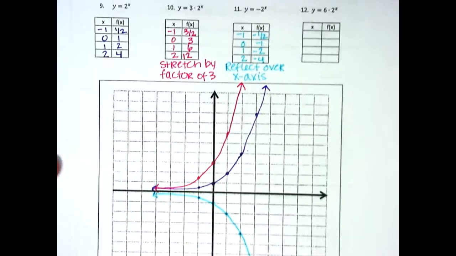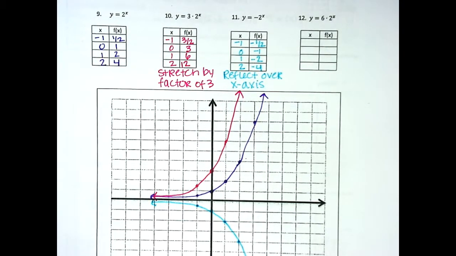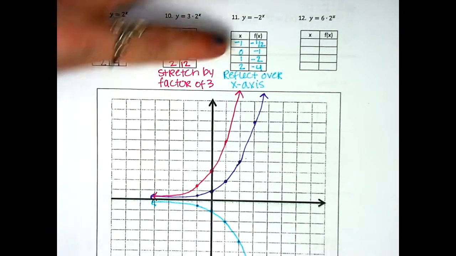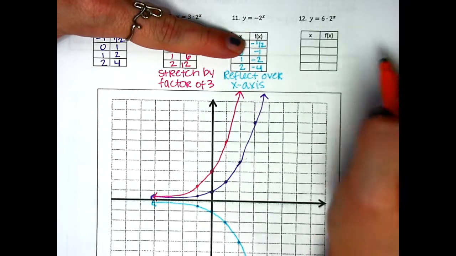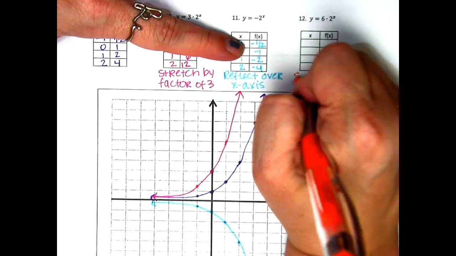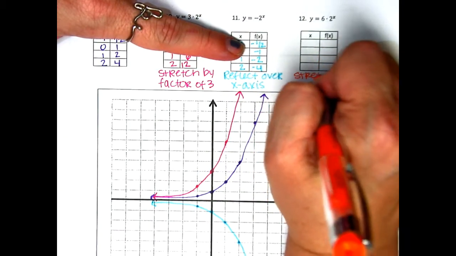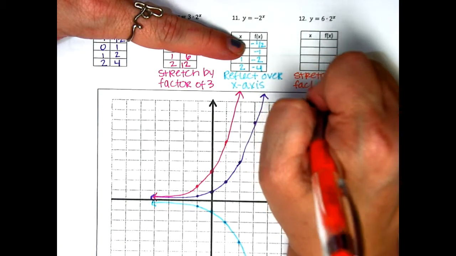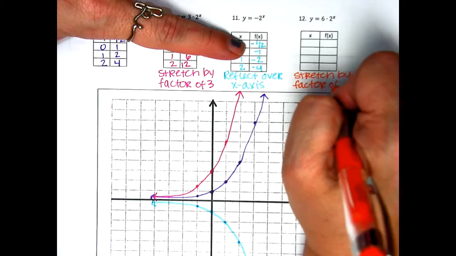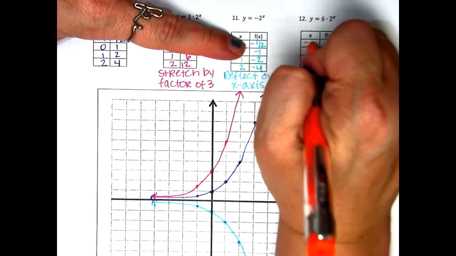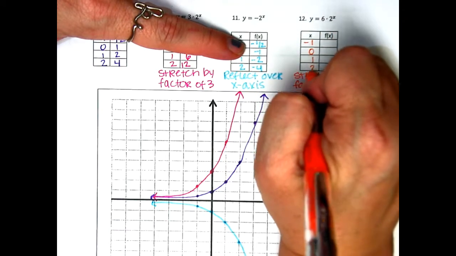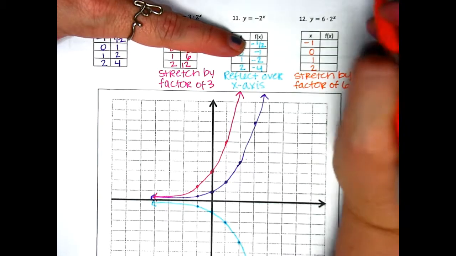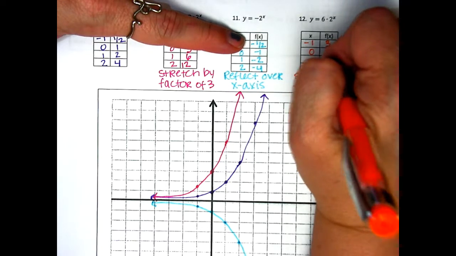Okay, and our final graph is y equals 6 times 2 to the x. And we can make a prediction that this should be a stretch by a factor of 6. So my domain is negative 1, 0, 1, and 2. When I put negative 1 in, I get 3.